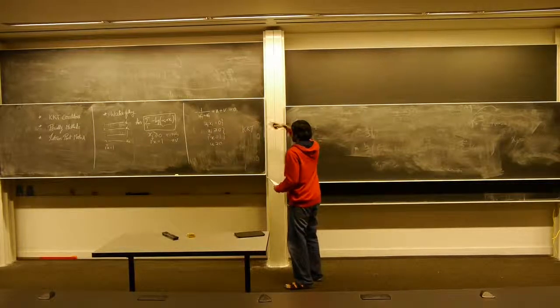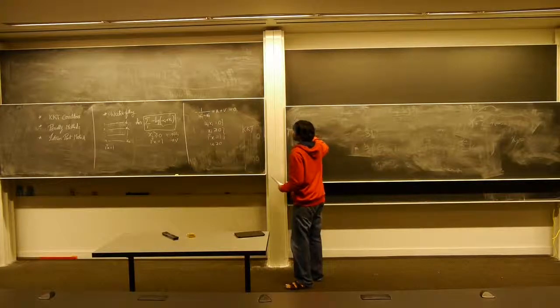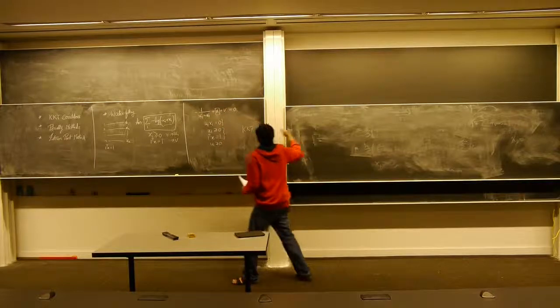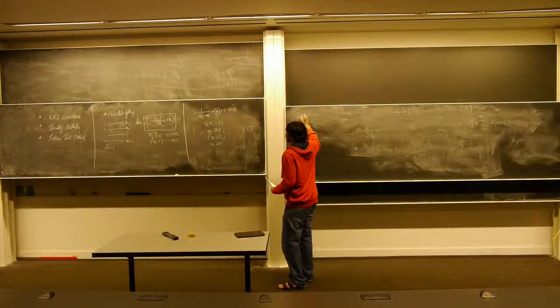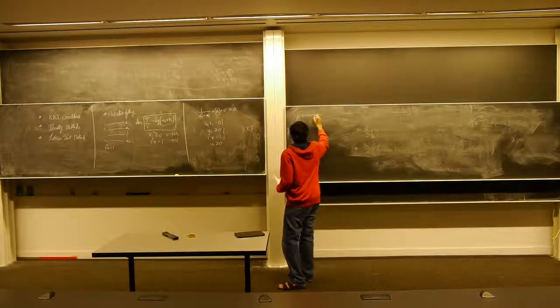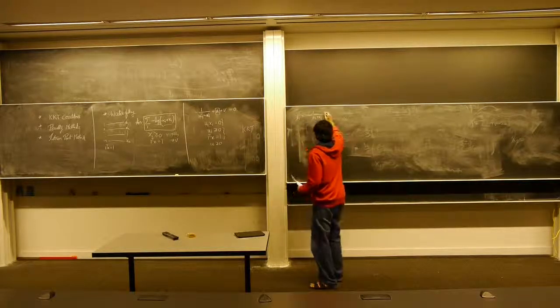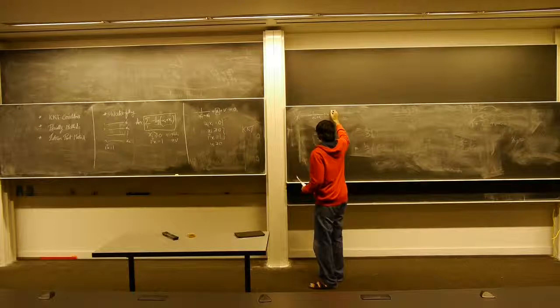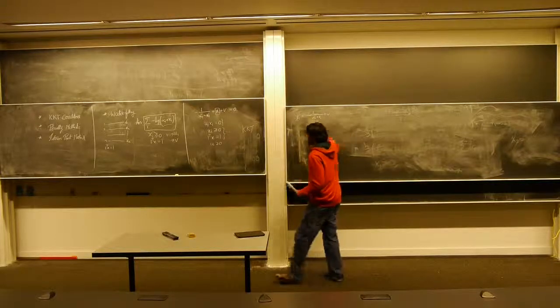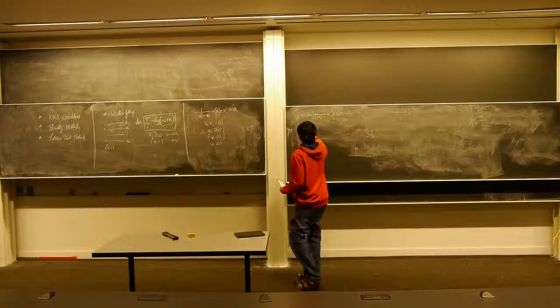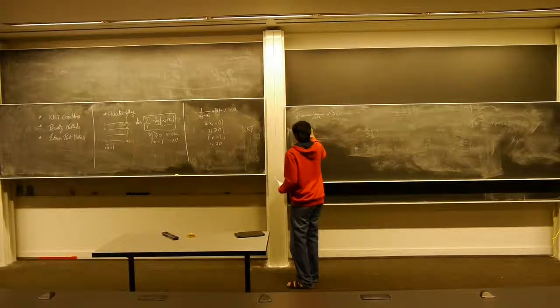I'll rewrite those, eliminating the variables u_i. I know u_i is basically 1 over x_i plus alpha_i plus v, and that this is greater than or equal to 0. I also write the same condition for complementarity.